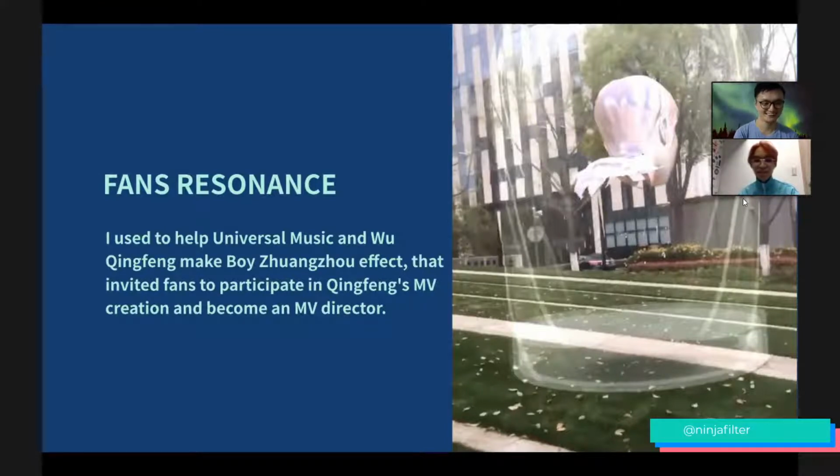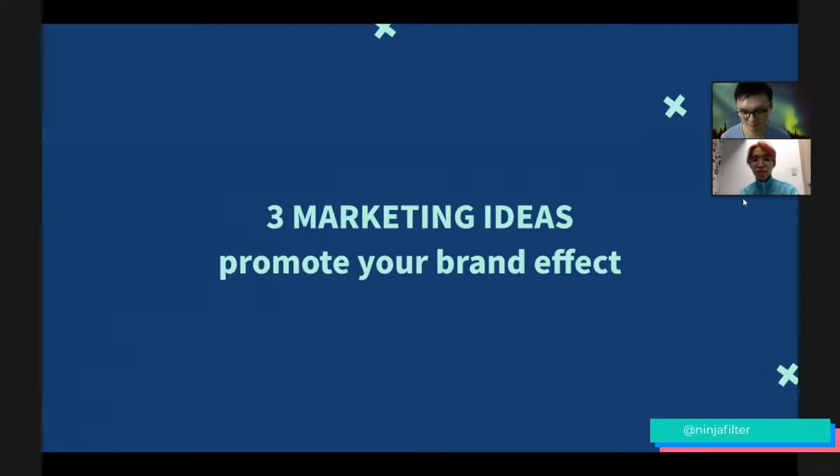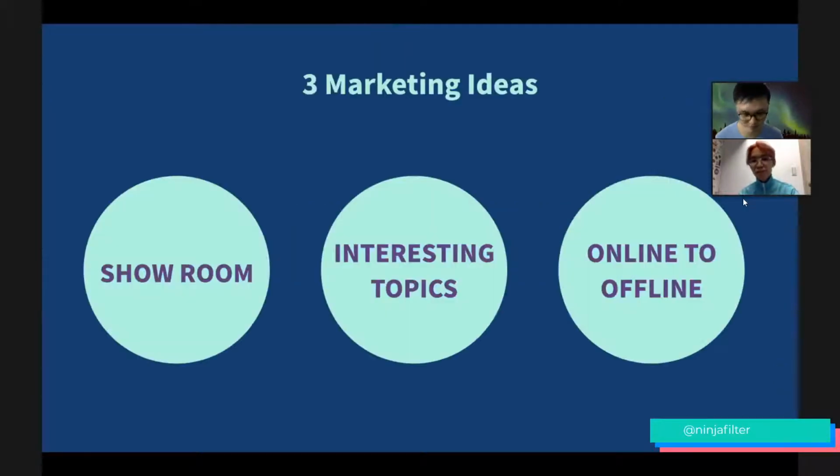So you can see AR in digital marketing for different situations, and those are three common types of situations. And I would like to give you three marketing ideas to promote your brand effect.